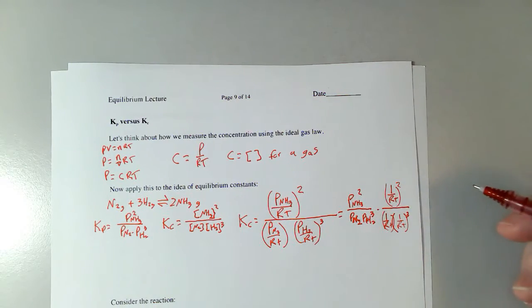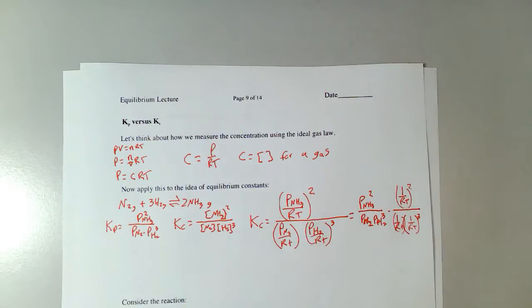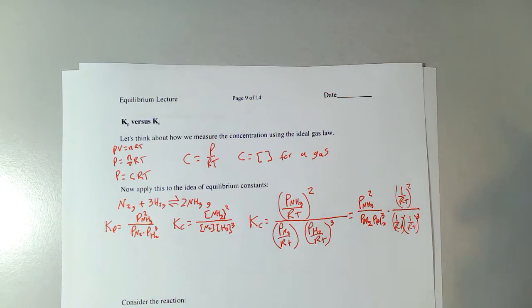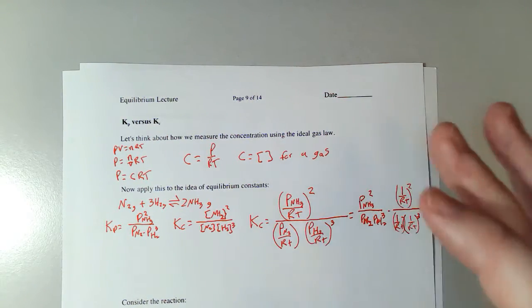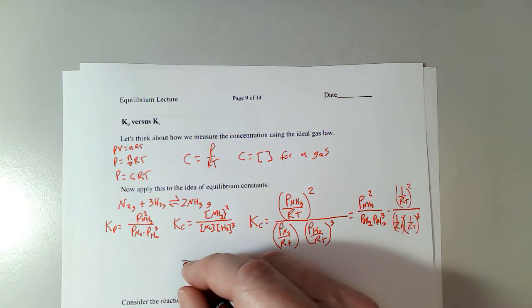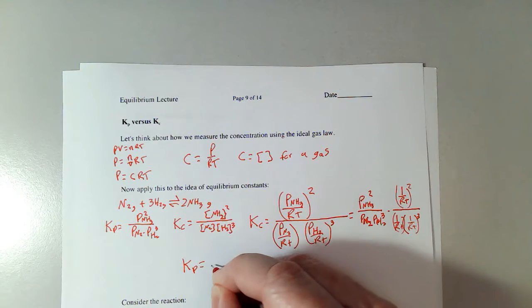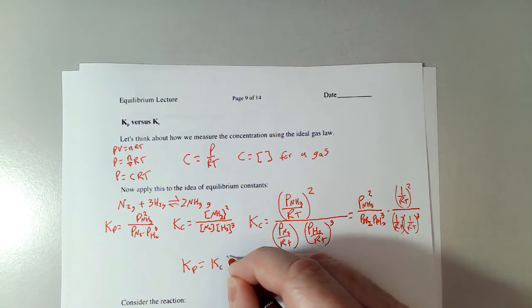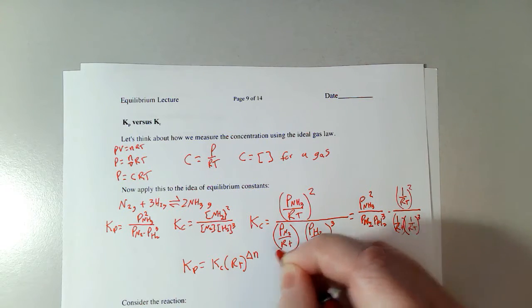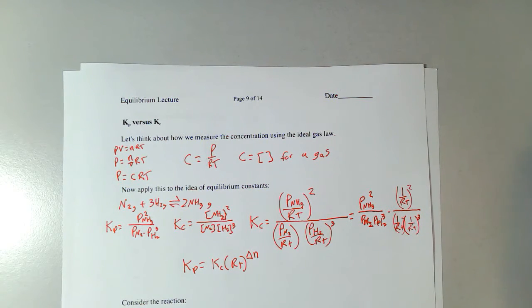So what I can say then is that Kc is related to Kp mathematically. So Kp equals Kc times RT to the delta n.